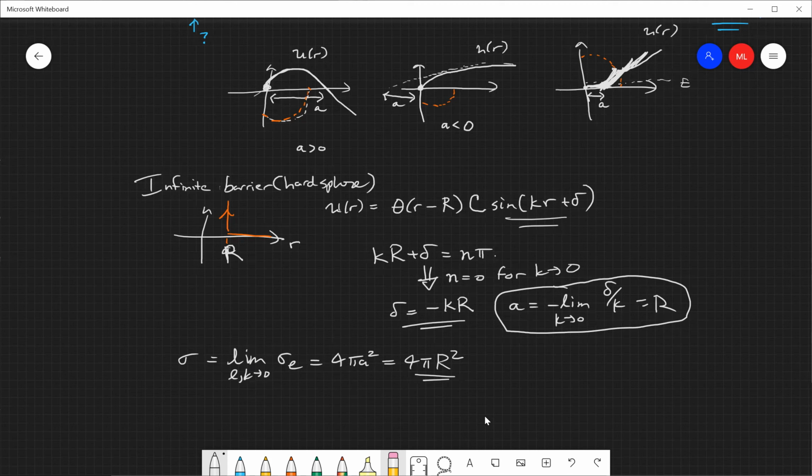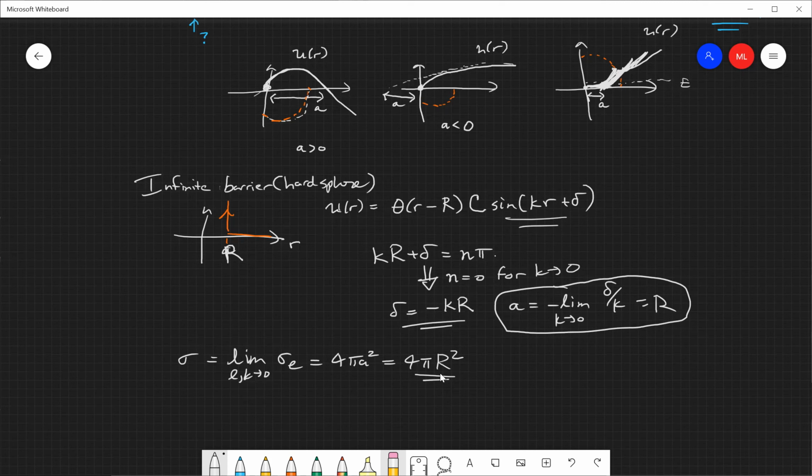And of course, it's kind of funny. It's such a simple result, but then you have to recognize that at high energies we somehow must be able to recover the classical result. So that's kind of cool too, to think about how you would recover the classical result at high energies.